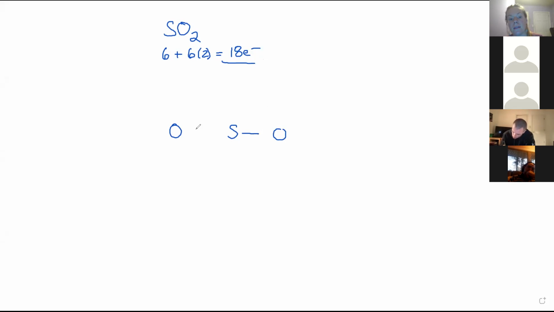So we'll stick this and this together. Gosh, those are really far apart. Let me consolidate this a little bit. Sulfur bonded to an oxygen and an oxygen.